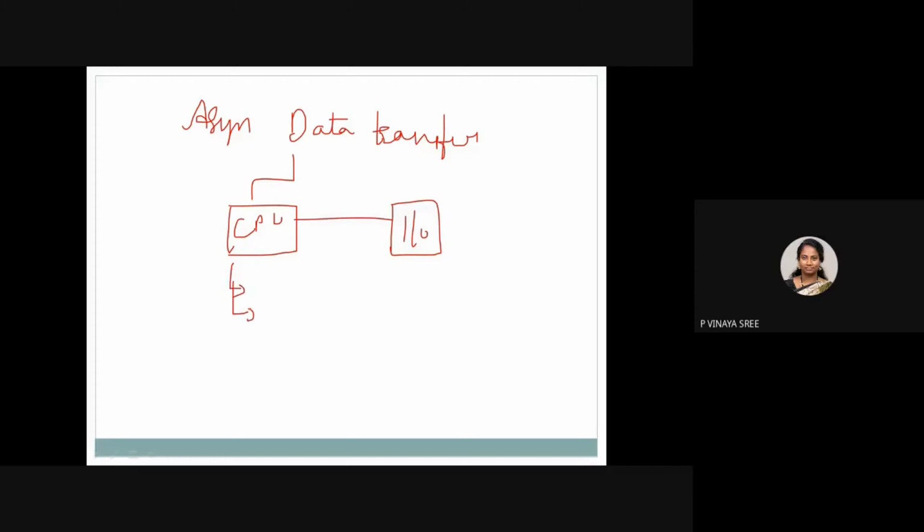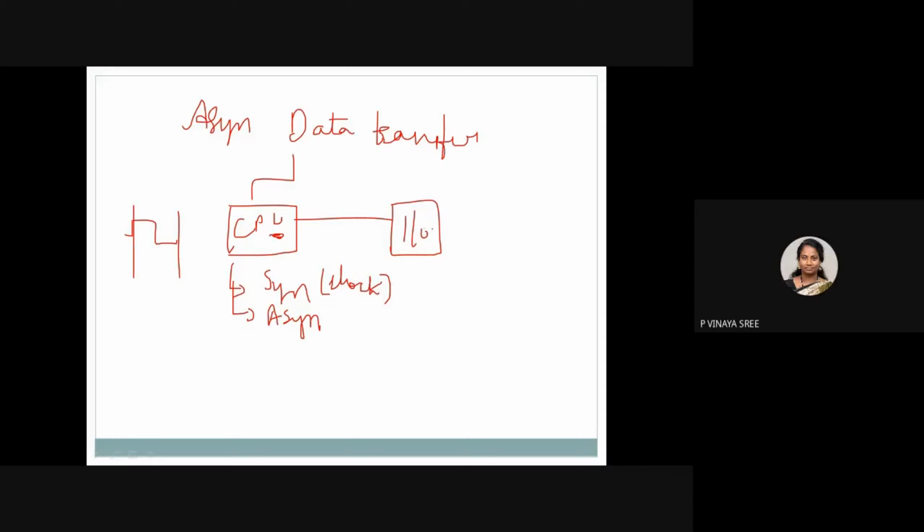One is synchronous and the other one is asynchronous. Synchronous means the same clock is used between the two. Let us suppose the internal CPU clock is used for every single clock period, and it transfers some data.